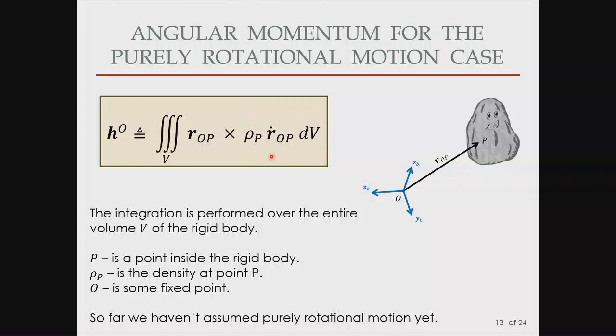This thing, rho dV, is the mass of an infinitesimal cube of volume. Mass times its absolute linear velocity, ROP dot, is the linear momentum of an infinitesimal point P, with little mass rho dV inside the rigid body.